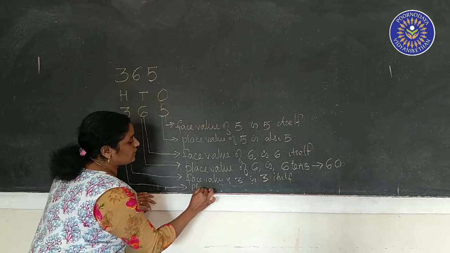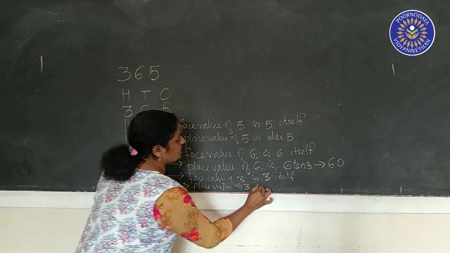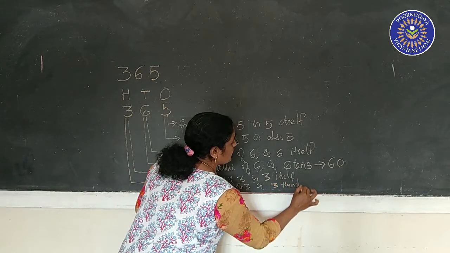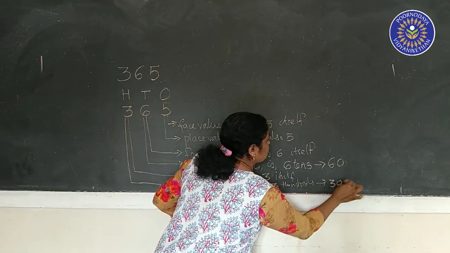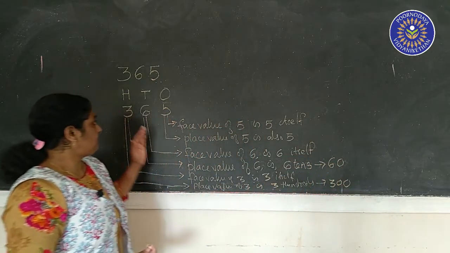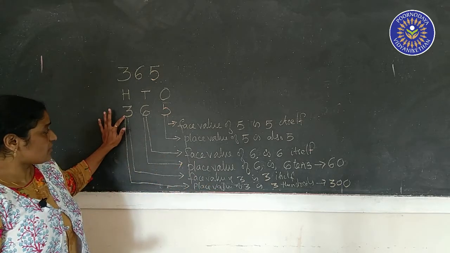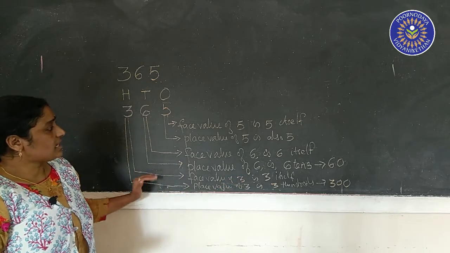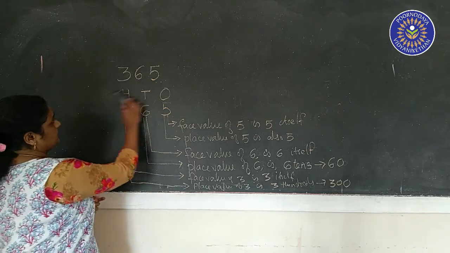So the place value of 3 is 300s, that is 300. The place value of 3 is 300 and face value of 3 is 3 itself. Did you understand this? Let us see another example.